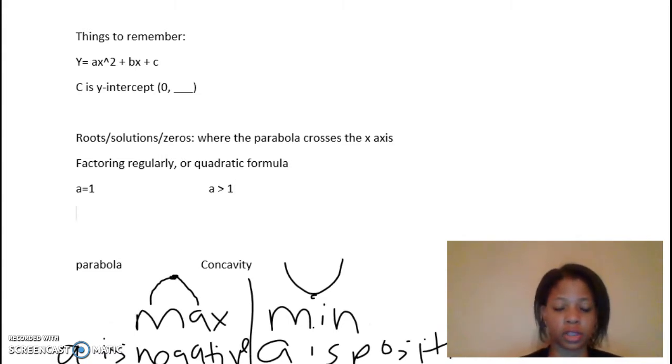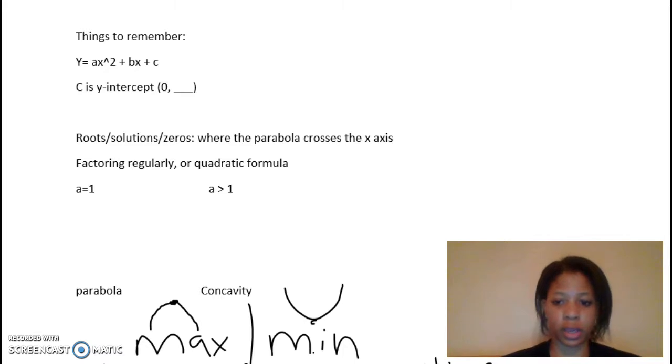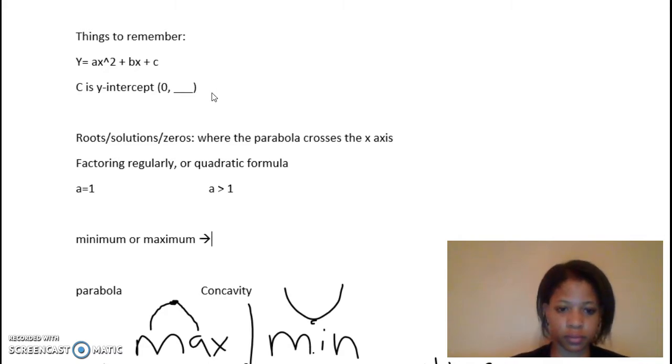Okay? Also, whenever you need to find a minimum or maximum, that's going to be vertex formula. Okay? And I'll write these formulas up real quick.